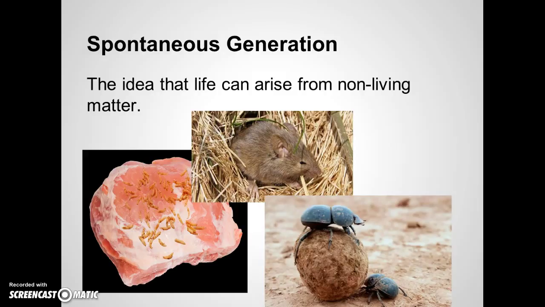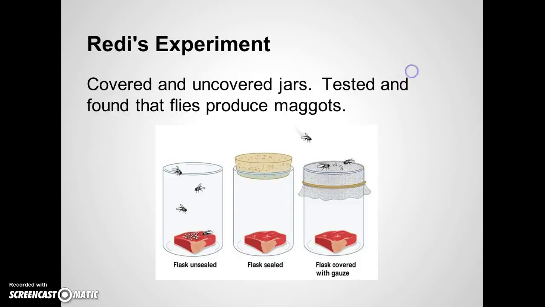In the mid-1600s, Francesco Redi came up with an experiment to test this hypothesis. So Redi's experiment, I think it was 1668, he thought, okay, I'm going to take the meat. We think that the meat is being used to derive life in the form of flies, maggots, and then flies. So I'm going to see if that's really the case.